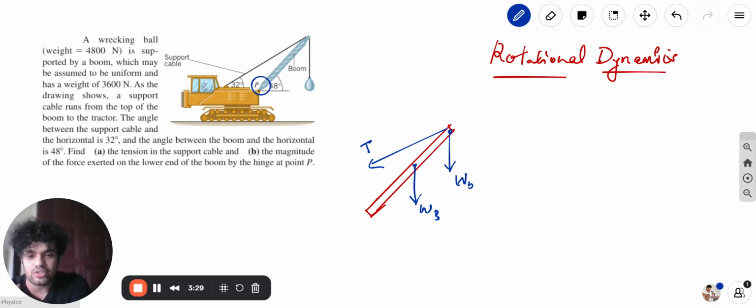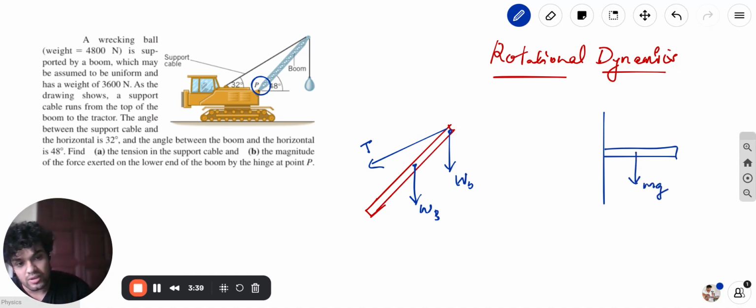Now, hinge forces. For example, if this is our wall and I have a rod which is fixed on this wall here, obviously there is gravity going down, and there is nothing else to support the object. The beam is in equilibrium, which means that the net force acting on the beam should be equal to zero. I'm taking this lesson with the understanding that you know the basic principles of forces.